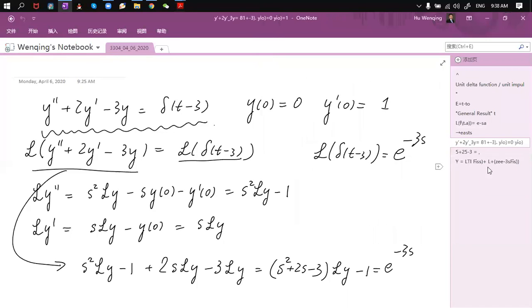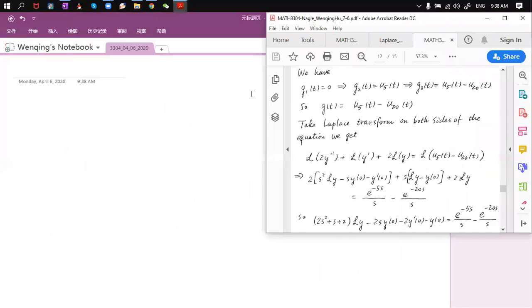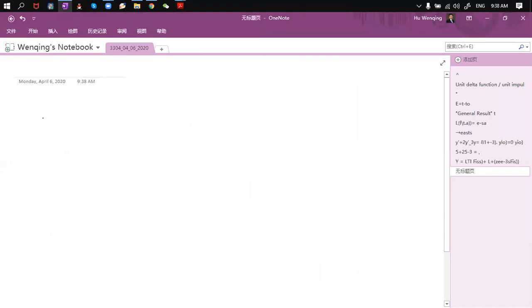The differential equation is now transformed to this equation: the Laplace transform of 2y double prime plus y prime plus 2y is equal to the Laplace transform of u5 of t minus u20 of t.